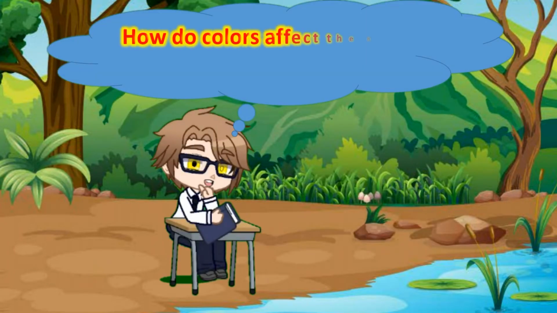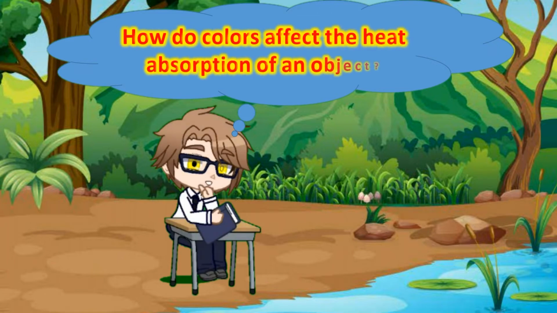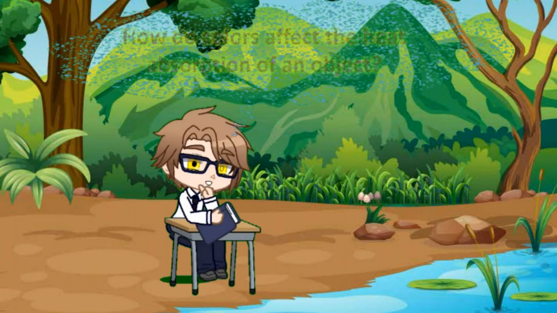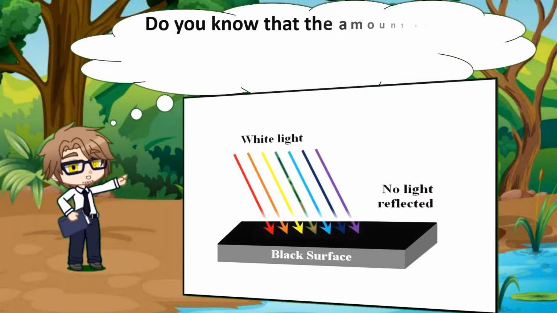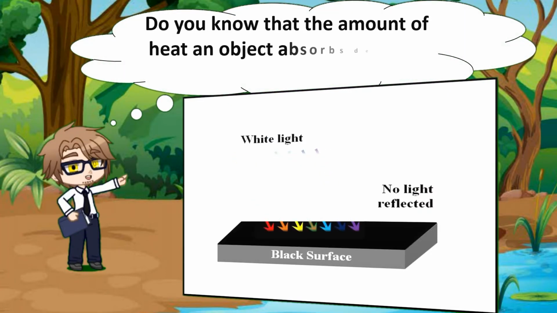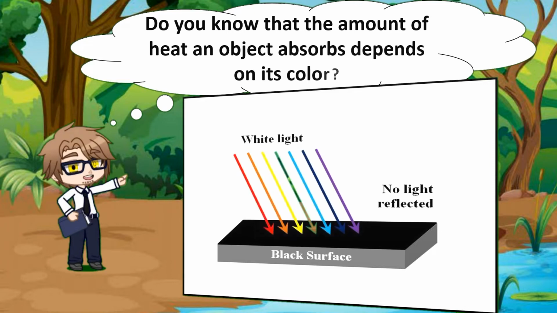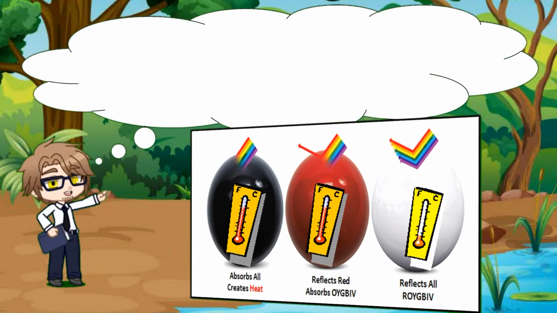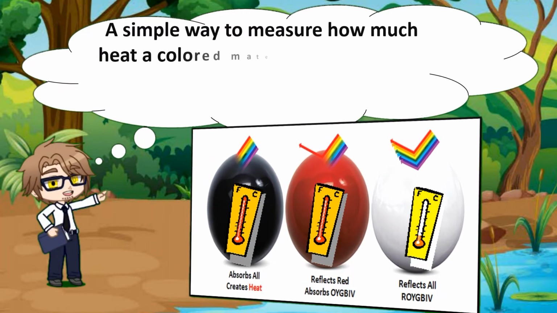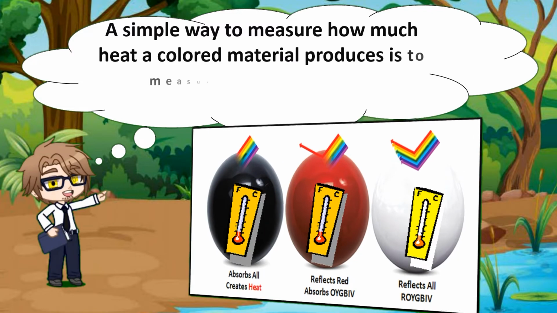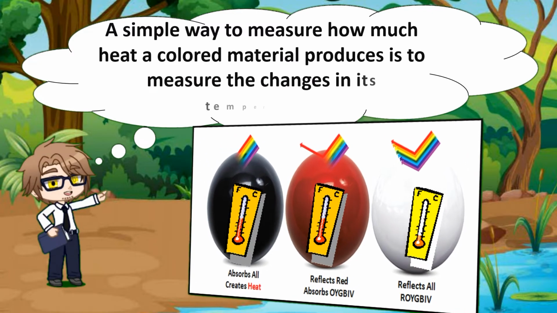How do colors affect the heat absorption of an object? Do you know that the amount of heat an object absorbs depends on its color? A simple way to measure how much heat a colored material produces is to measure the changes in its temperature.